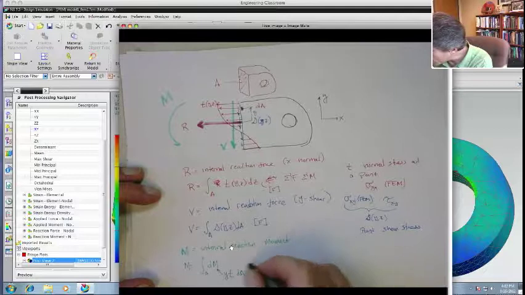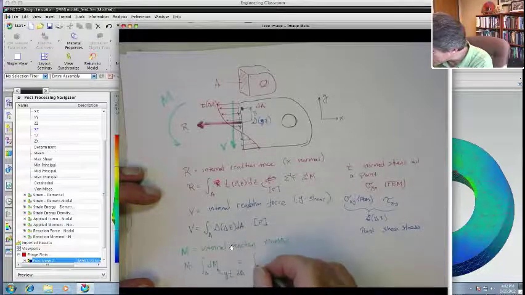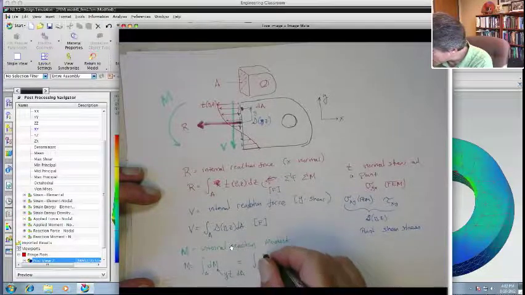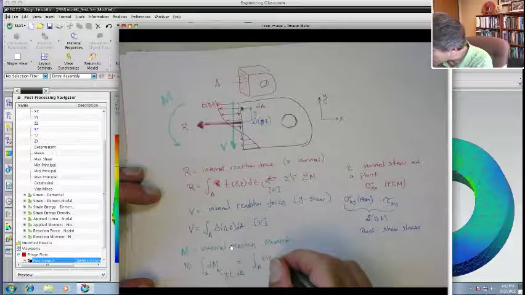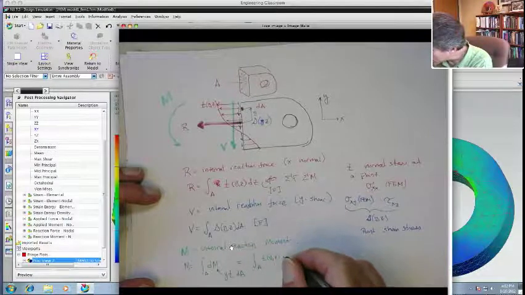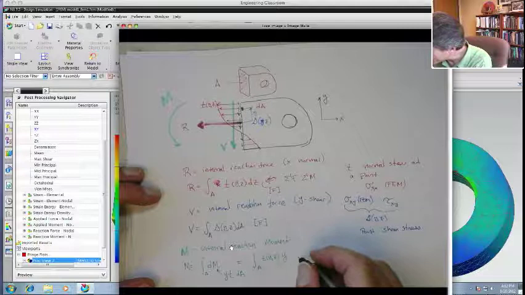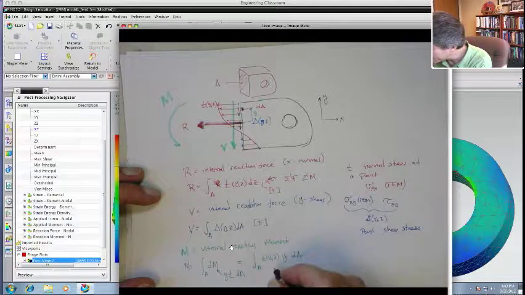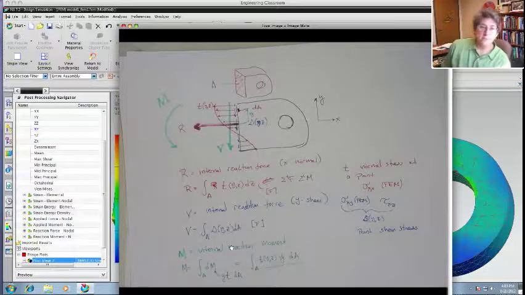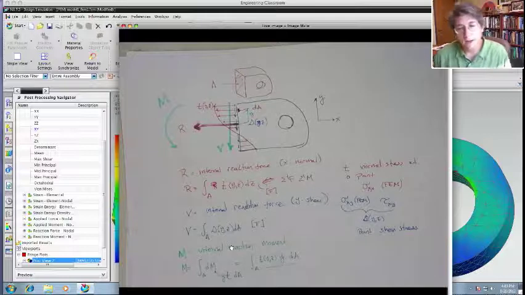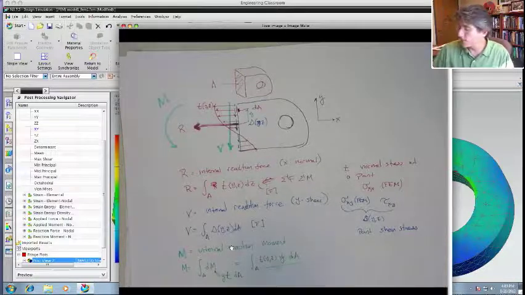So the actual reaction moment is the integral over the area of T, and that's a function of y and z, times the moment arm y, times the differential area, okay? And you could actually compute those if you wanted to, if you knew exactly those distributions, okay?